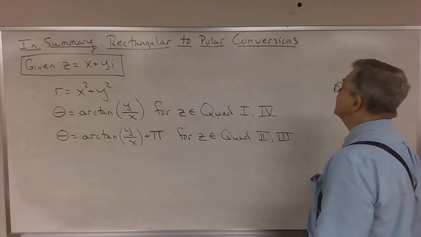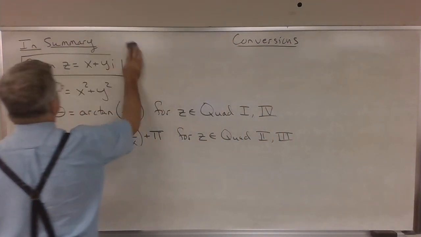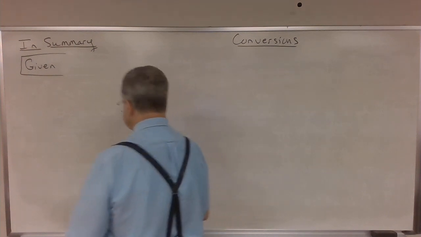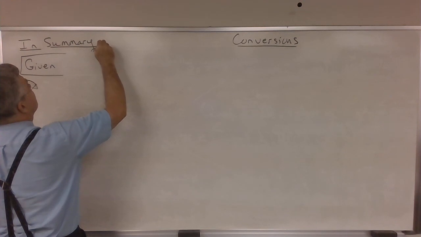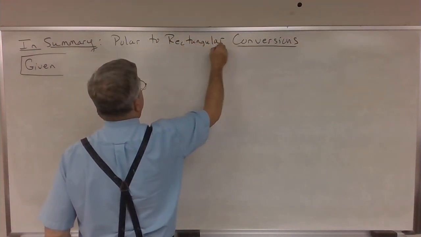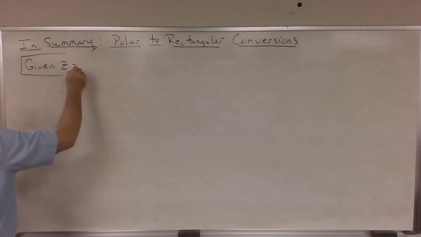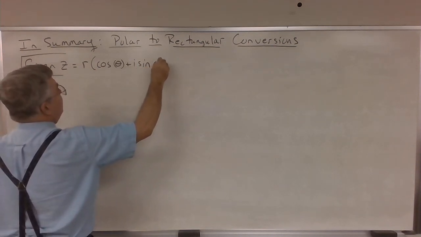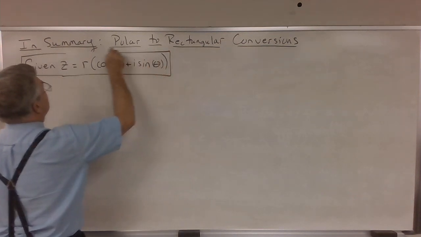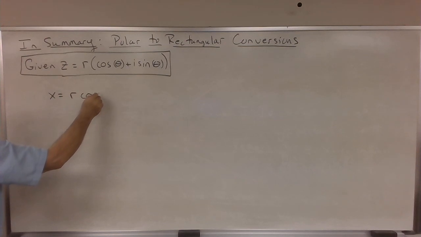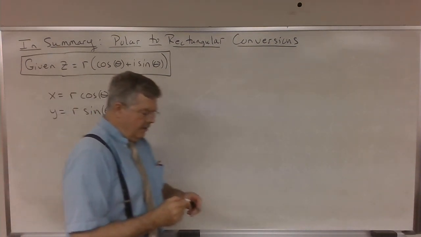And now let's see. Polar to rectangular. Okay, that was simple.